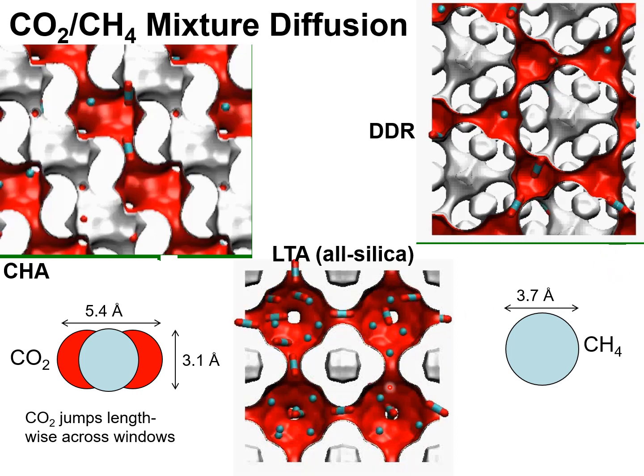Intercage hopping of CO2 is much easier in LTA zeolite because the window dimensions are larger. Here you can see a CO2 molecule hovering around the window site.